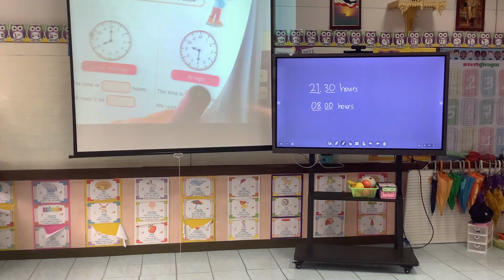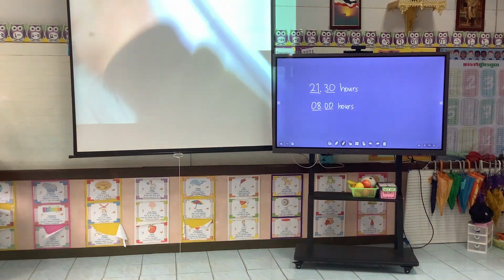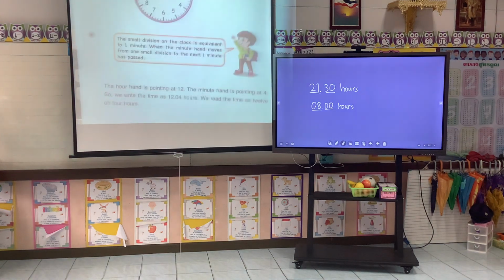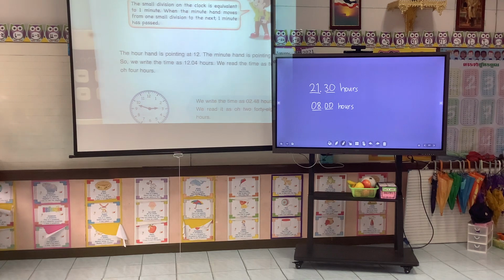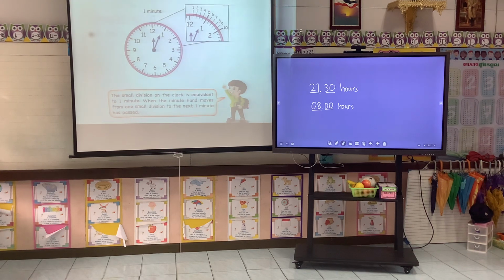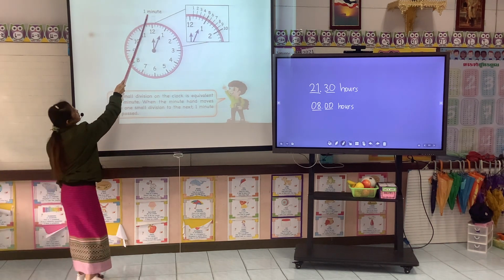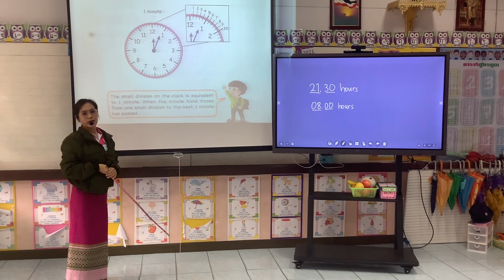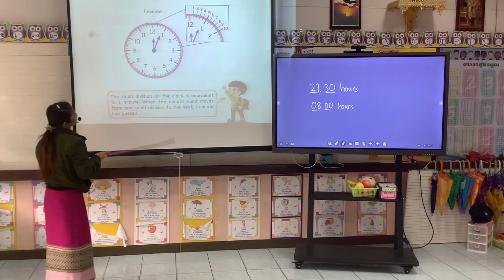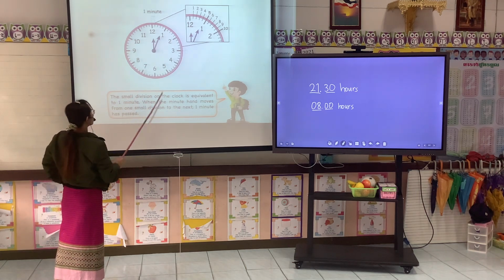Let's go to the next page, page 118. We already know that 1 minute is equal to how many seconds? 60 seconds.